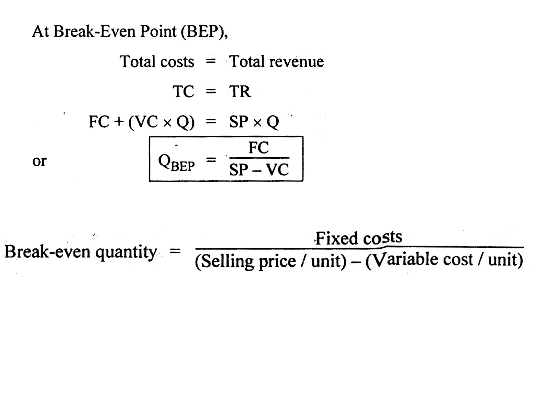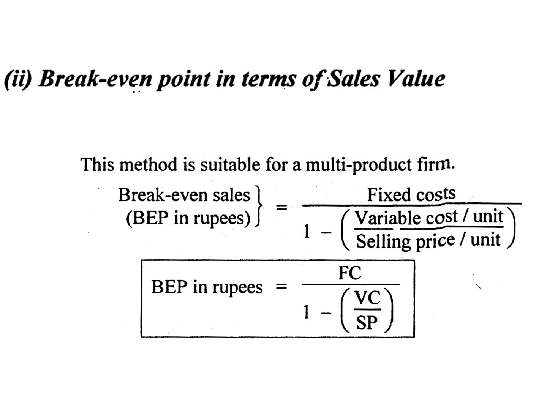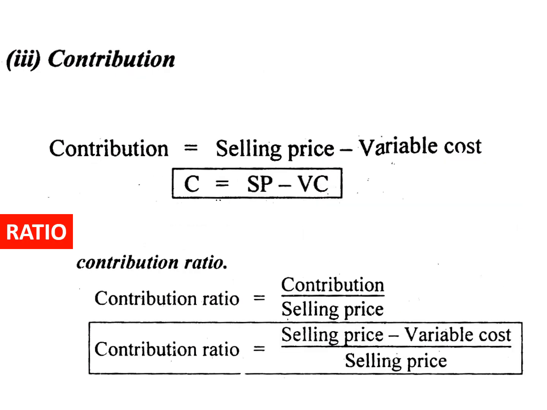So this is nothing but, in quantity terms, fixed cost divided by selling price per unit minus variable cost per unit. And coming to the break-even point in terms of sales volume, that is in rupees, that is nothing but fixed cost divided by 1 minus VC by SP. And the third equation is contribution, that is the difference between selling price and variable cost, that is C equal to SP minus VC.